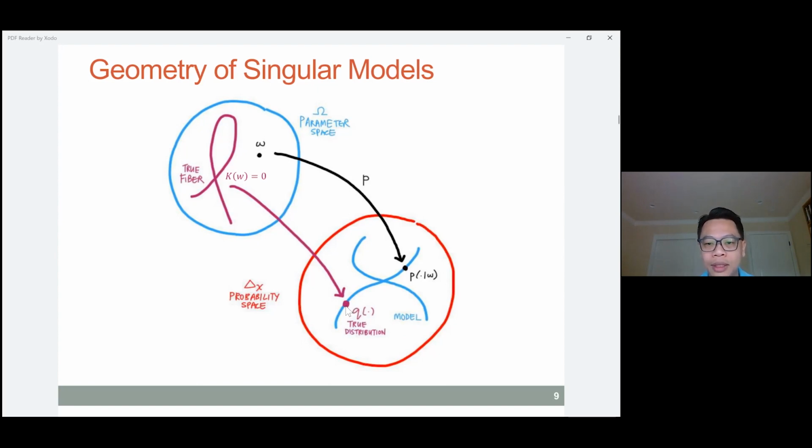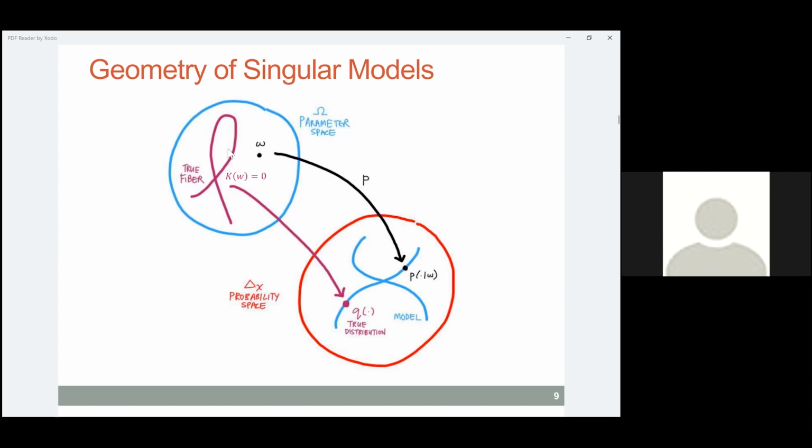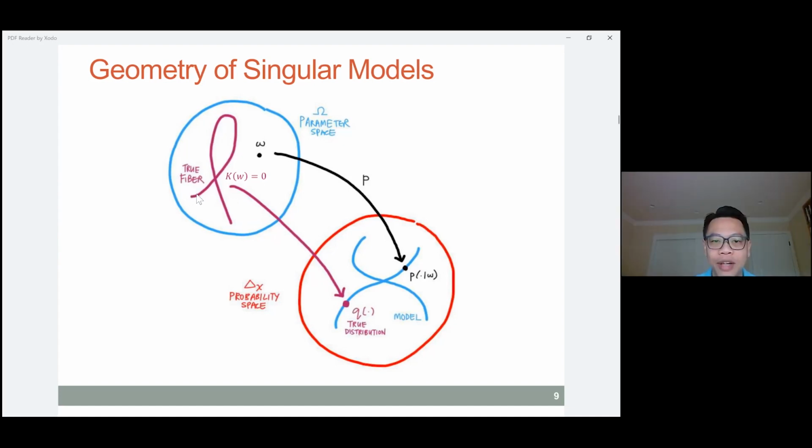And what's interesting is to look at the fiber, the pre-image of Q under this map. And so I'm going to get this variety in the parameter space, and I'm going to call this the true fiber.